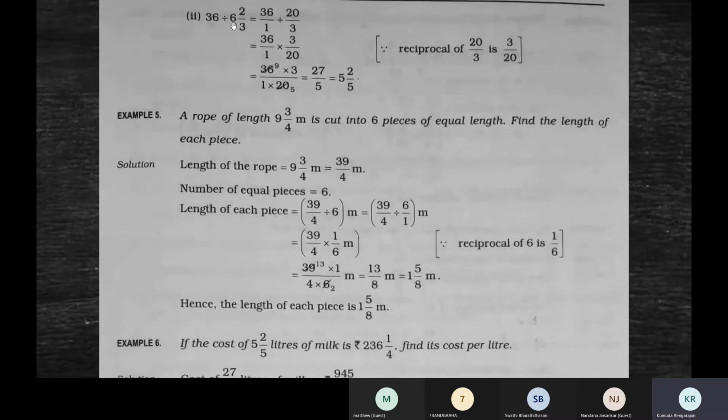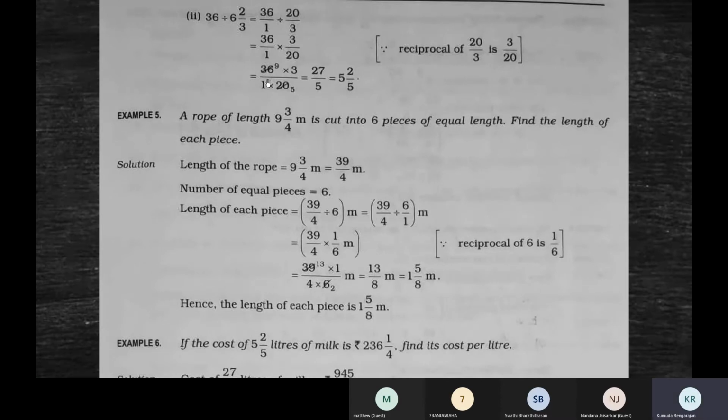So see here. 36 is 36 by 1 divided by 20 by 3. So 36 by 1 into the reciprocal of 20 by 3. The reciprocal of 20 by 3 is 3 by 20.